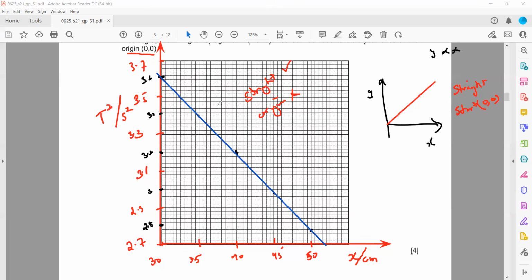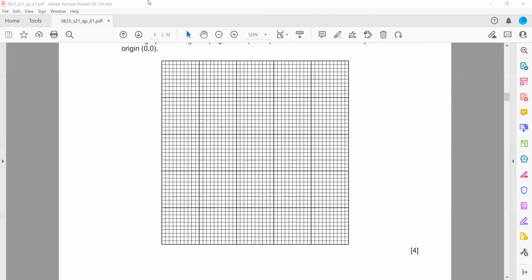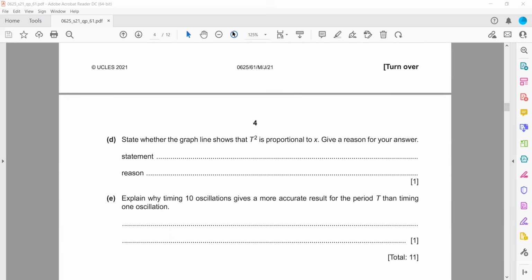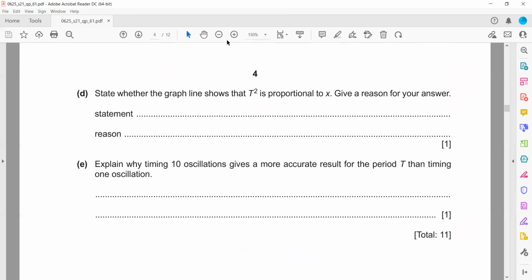It means t square and x are not directly proportional to each other. So for the statement, we will say no, and for the reason, we will say the straight line does not start from origin.